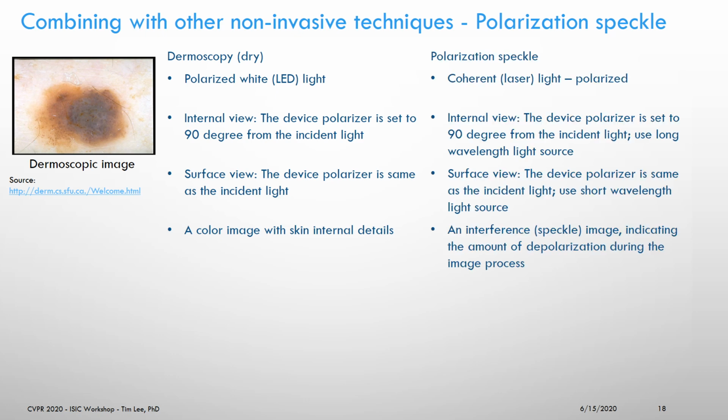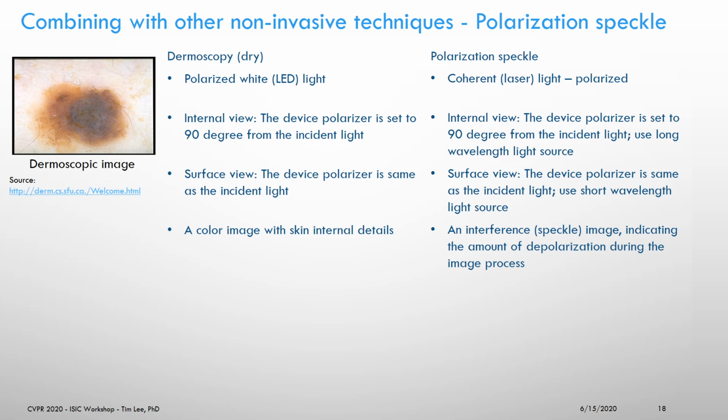Now, how about the polarization speckle imaging device? The device uses a laser as the input light source. Laser is coherent light and polarized. We can obtain the surface and internal views in a similar manner as dermoscopy by adjusting the device polarizer direction.